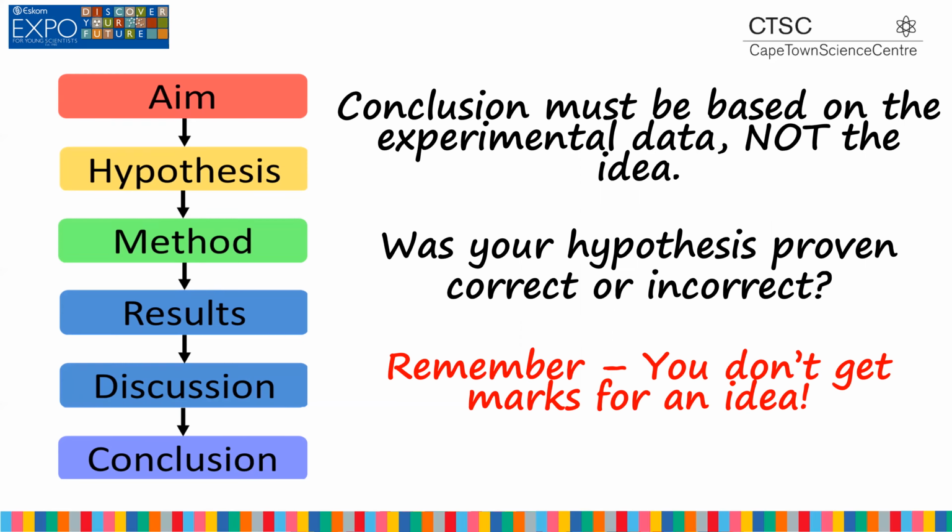And you don't get marks for your idea, you get marks for your project. And your project really answers the question of what did they do in the end. It's the experiment, it's the recording of the experiment, it's the paperwork. All of that is what you get marks for. But purely having an idea is not enough.